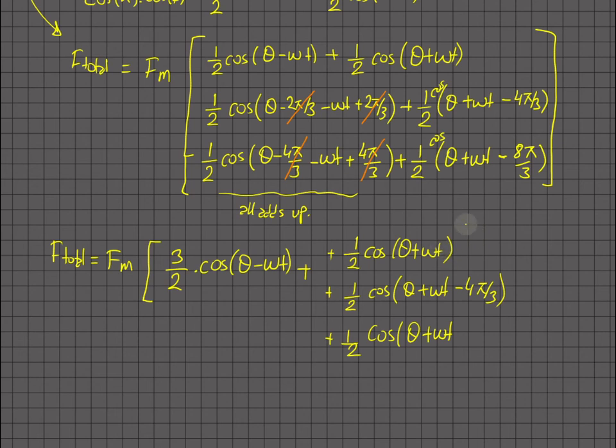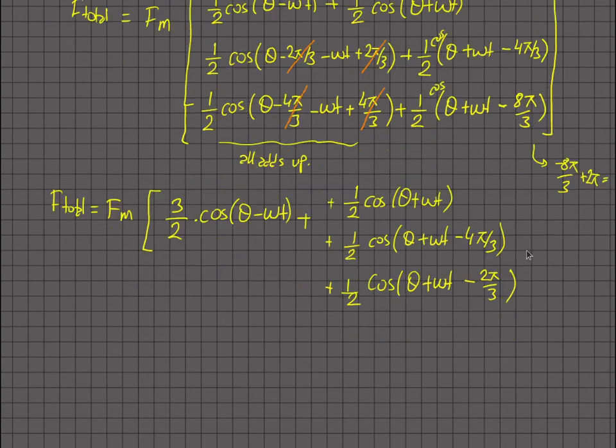Actually, I can add 2 pi to that one and nothing will change, so minus 8 pi over 3 plus 2 pi is equal to minus 2 pi over 3, which makes a full rotation.